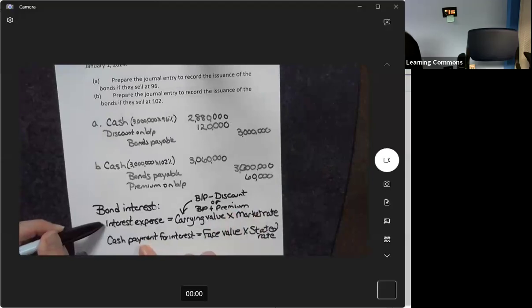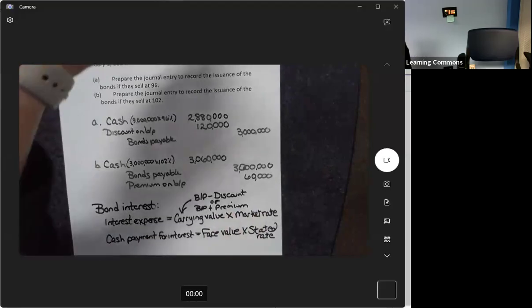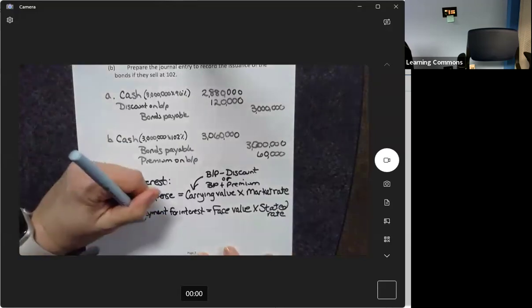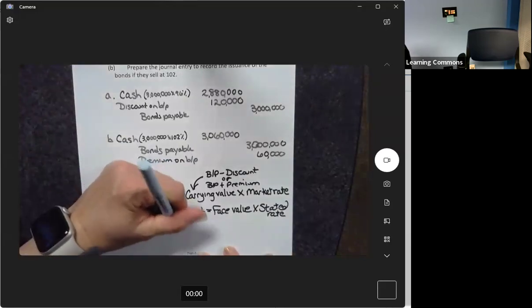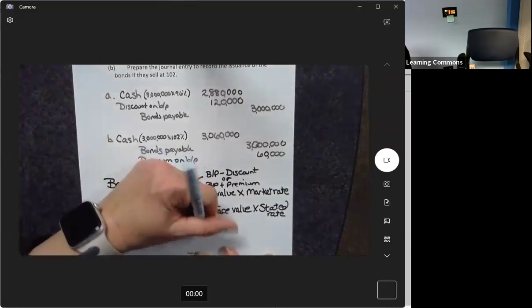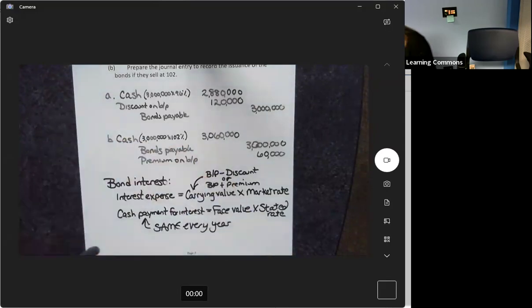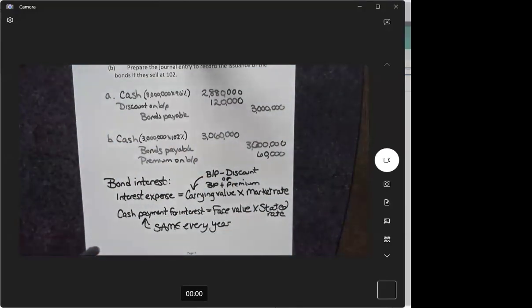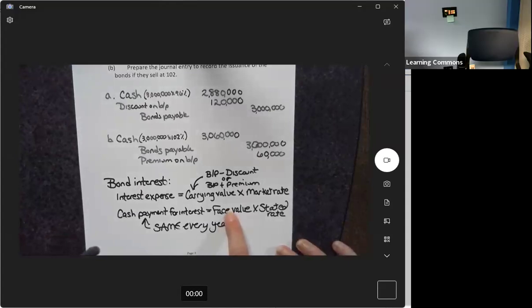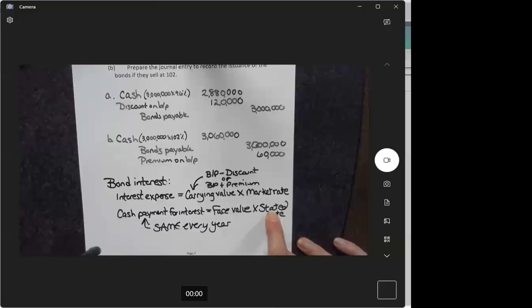Whereas the cash payment for the interest, I can remember that, is going to be the same every year because the cash payment for the interest is based on what's printed on the bonds. And what's printed on the bonds is their face value and the stated rate of interest they're going to pay every year.